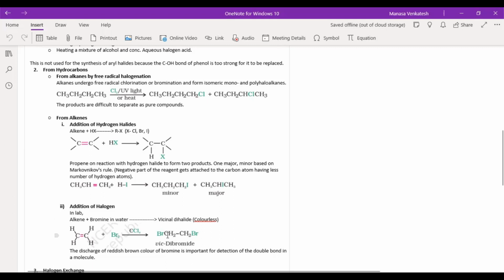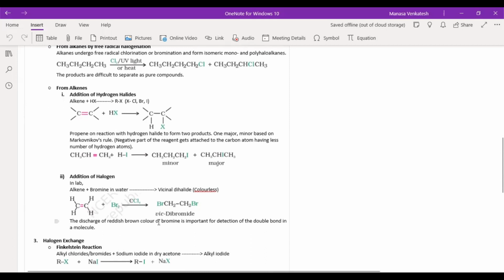A vicinal dihalide will have the halogen atoms attached to two adjacent carbon atoms. Bromine as such has a very strong reddish color, but when it reacts with the alkene and leads to the formation of vicinal dibromide, the product formed is colorless, and this helps in the detection of the presence of a double bond in a molecule.